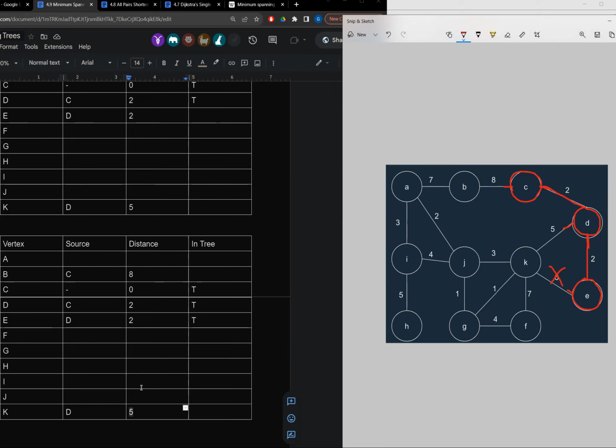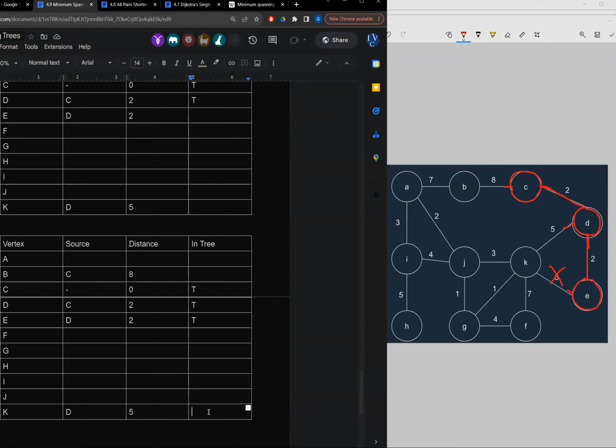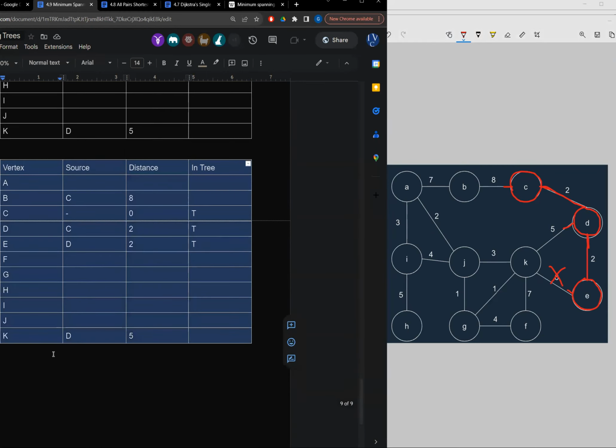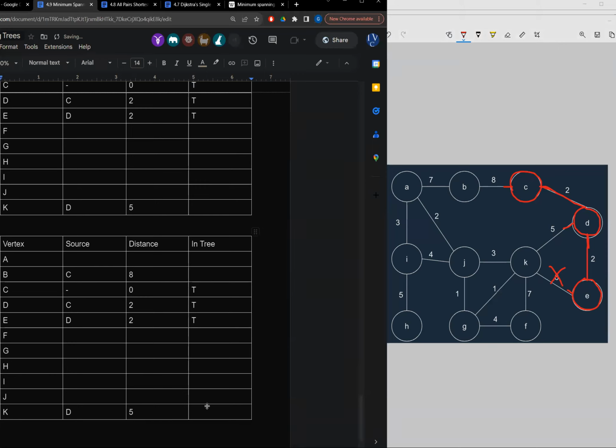We are building a tree. So I don't have to do adding. What's the cost to get here in the first place? It's not 2 plus 6, like Dijkstra would be doing here. It's just 6 all by itself versus what value is in here. And if the new data is not better than the old data, we will not update the table.